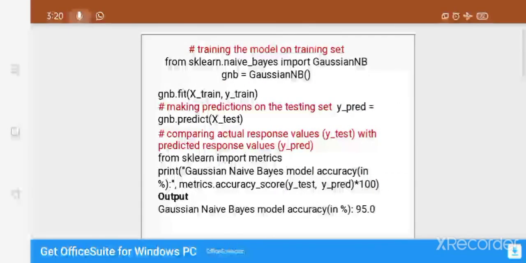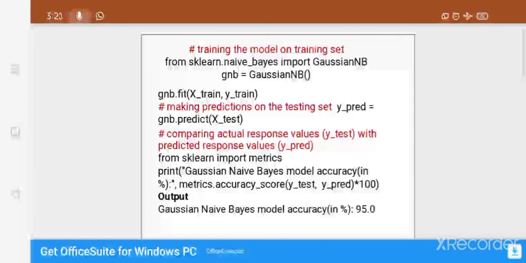Next, training the model on the training set. Using Gaussian NB, GNB equals Gaussian NB, and we fit it on the X train and Y train data set. Now we make the prediction on the testing set, so prediction equals predict on X test, comparing the actual response values with the predicted response values.